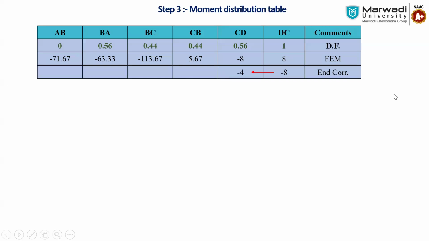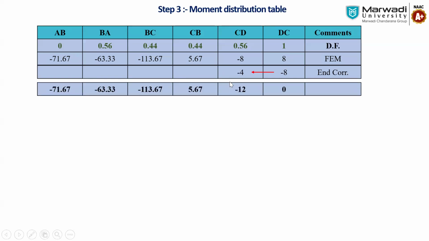So we have to do the summation of these moments, which is considered as the initial moment. AB, BA, BC remain as they are. In CD, the summation is minus 8 minus 4, that becomes minus 12, and DC is 8 minus 8, it becomes 0. That's the initial moment which we have to consider at the end for the summation. Now the end correction is done.